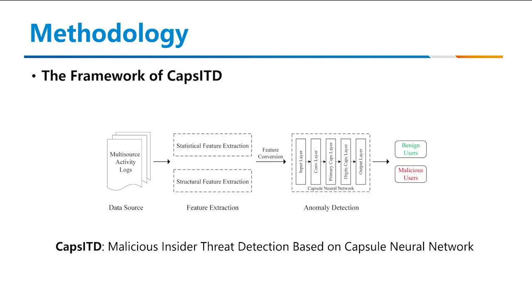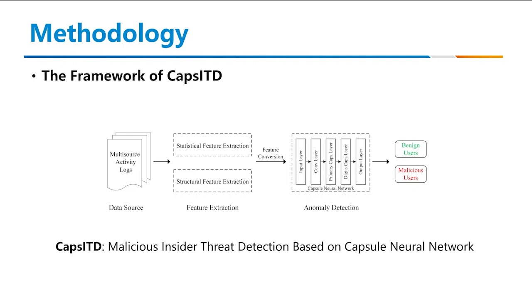Now, I will present the framework of CapsITD. CapsITD consists of 2 components, a feature extraction module and an anomaly detection module. In the feature extraction module, we extract statistical features from users' multi-source activity logs to represent the behavioral patterns of users.